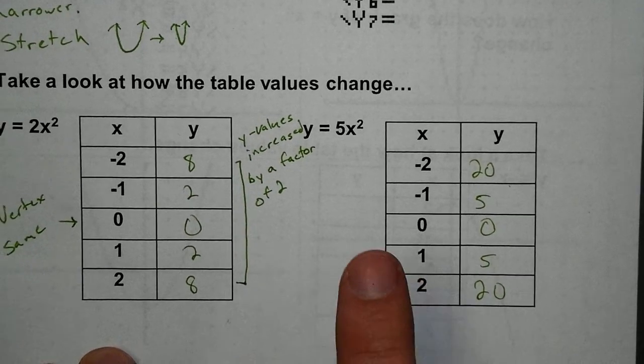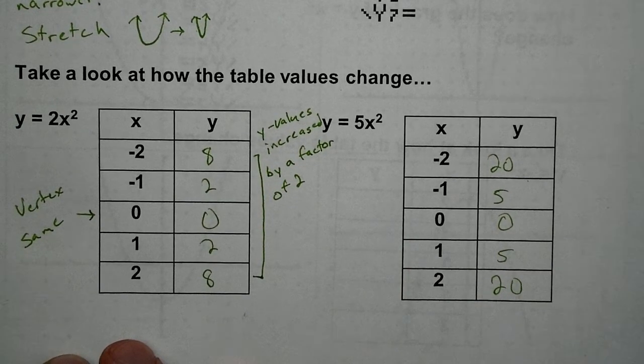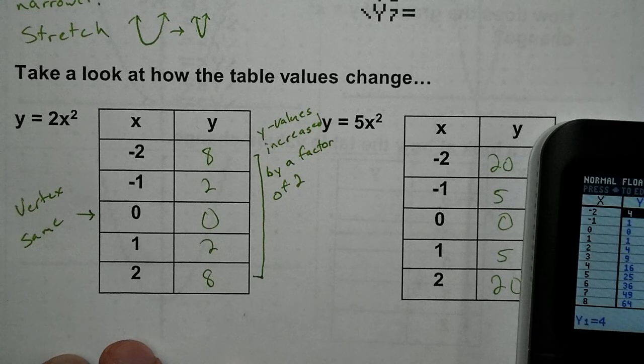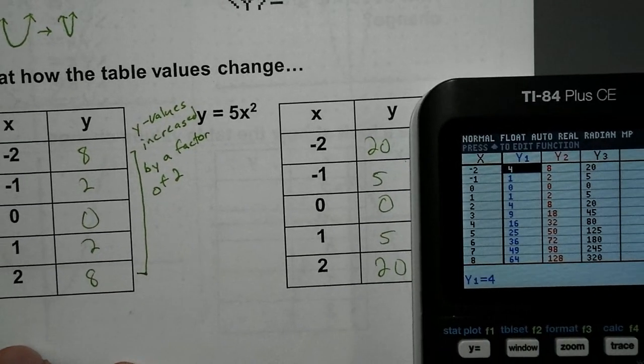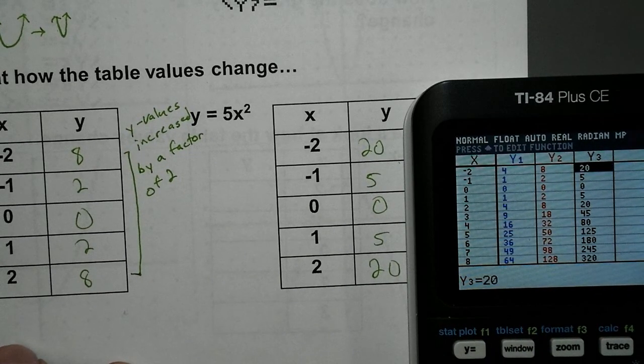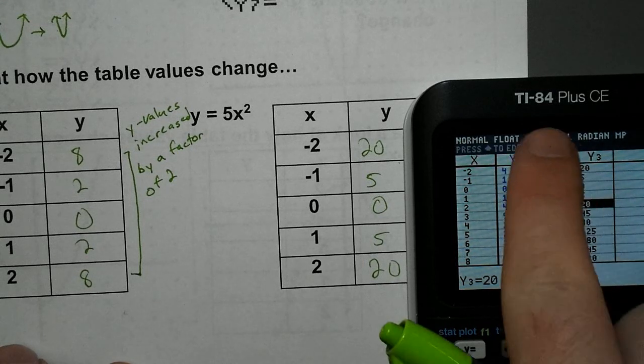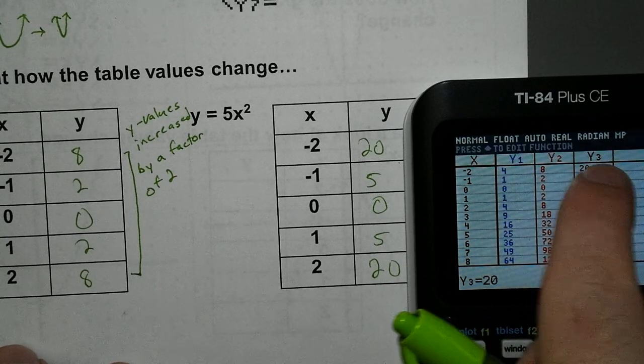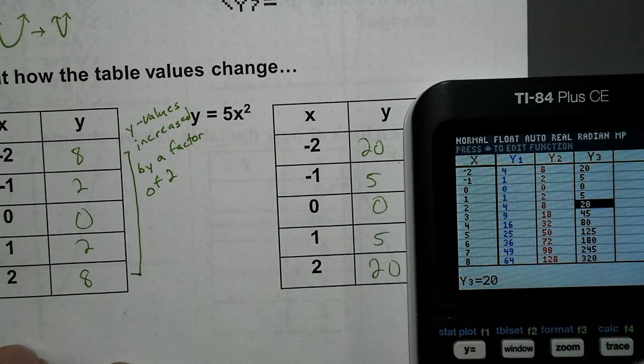Now, on 5x squared, if we compare the blue one over to the black one, it goes from 4 to 20, 1 to 5, 0, 0, no change, 1 to 5, and 4 to 20. So 4 times 5 is 20. This is also my coefficient there.